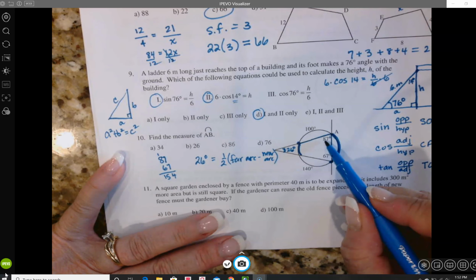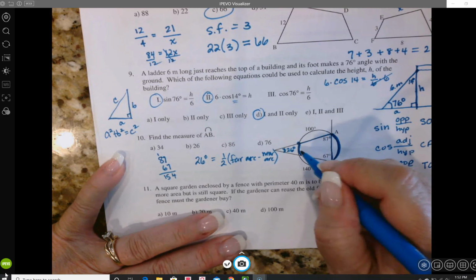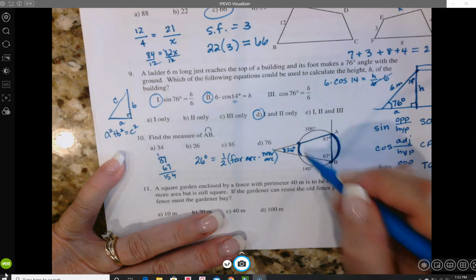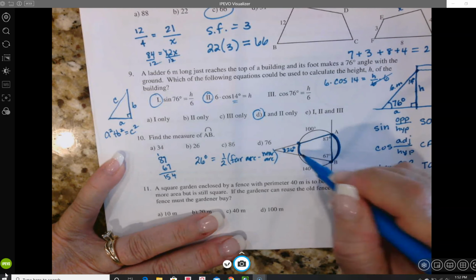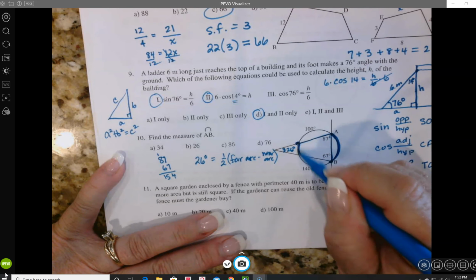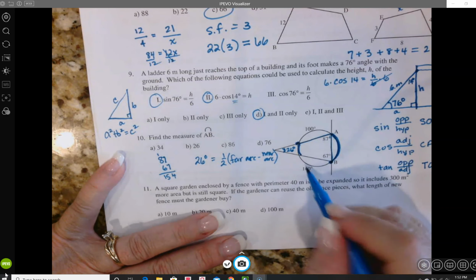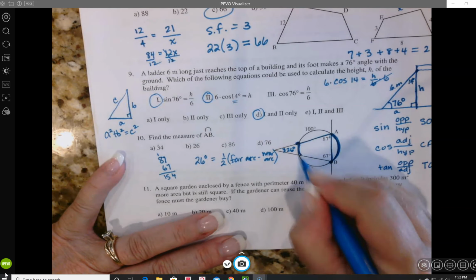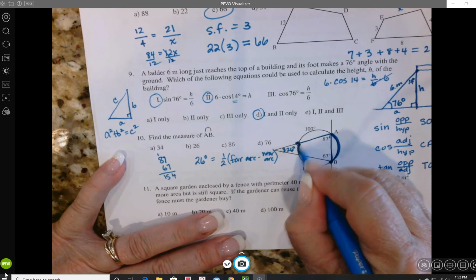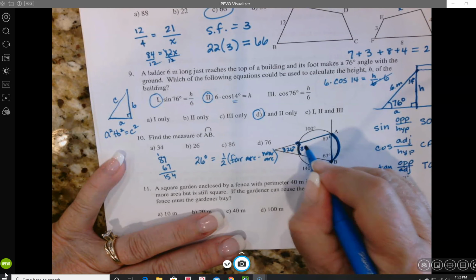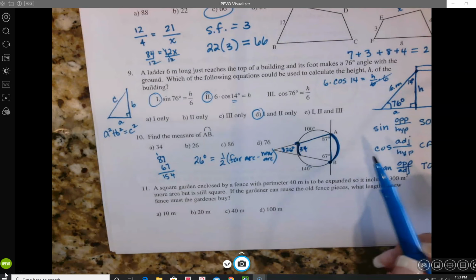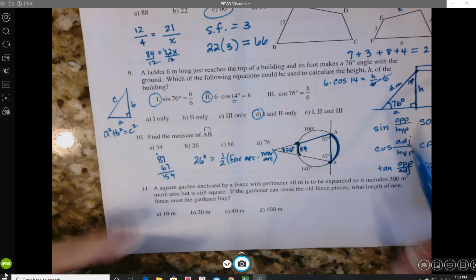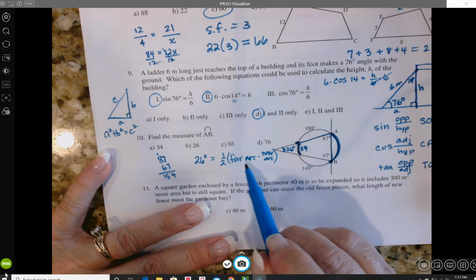87 times 2 is 174. And that 174 is from here all the way around to here. So if this piece is 140 and the whole thing is 174, that means this little part of the arc is 34. And come to think of it, I don't really have to use this complicated formula.